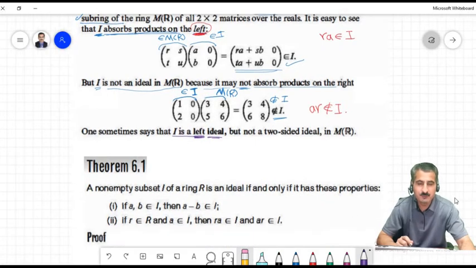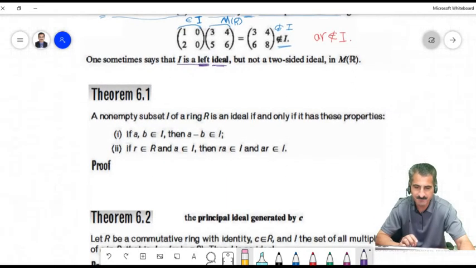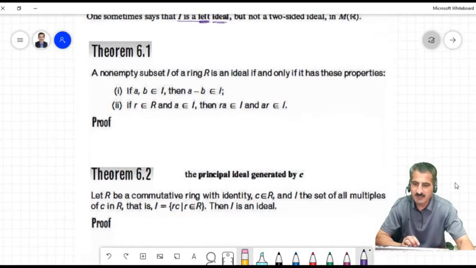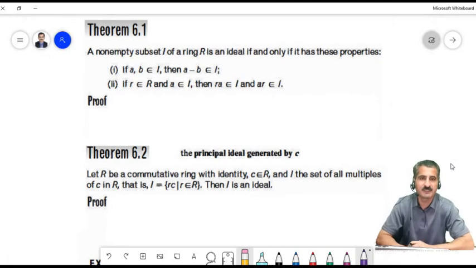We are more interested here actually on ideals, both left and right. So the original definition of ideal implies the left absorption of products and the right absorption of products. Now so far if you are given a subset and you are asked to prove it is an ideal, then you need to prove first it is a subring, then you prove the absorption property.